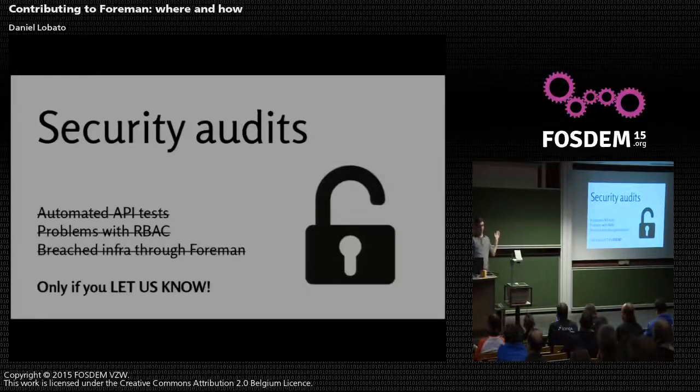But anyway, most of the team doesn't really have a production installation with thousands of nodes and thousands of users, or dozens of users, depending on your case. What I mean by that is that you are a critical part of it, and if you let us know that something is wrong, we have to take it seriously.